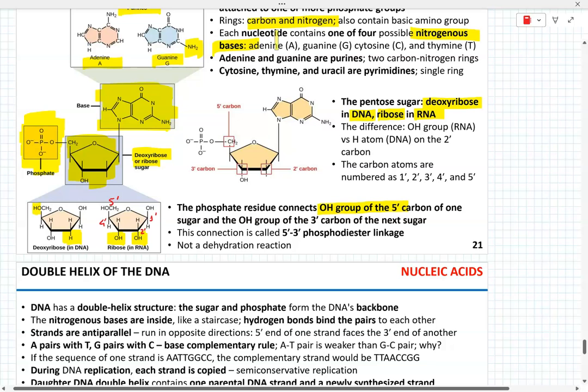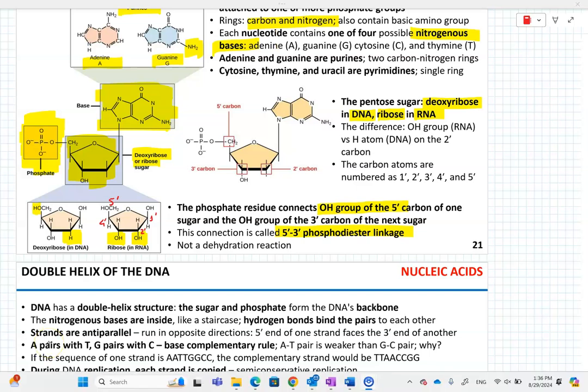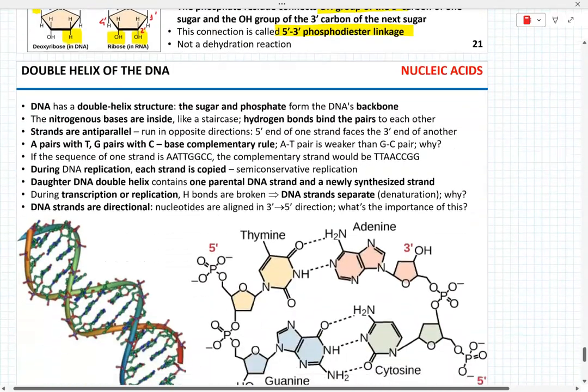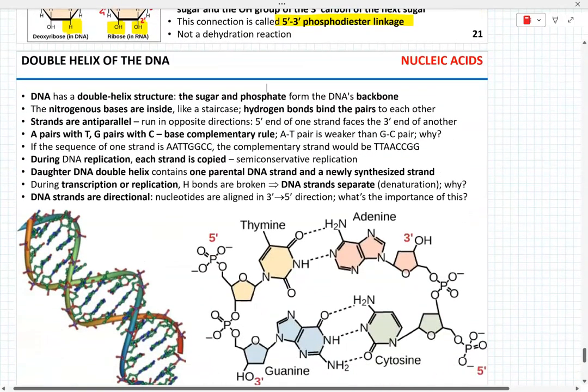This connection is called a 5', 3' phosphodiester bond or linkage, and this connection determines the directionality of nucleic acids. It's important to remember that this is not a dehydration reaction. A DNA molecule, as you are probably aware, has a double helix structure. This double helix structure is shown here.